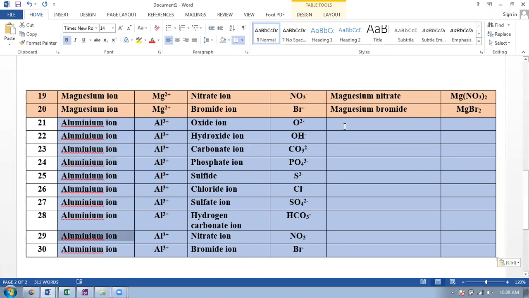So now I solve one for you, like aluminum carbonate. How aluminum carbonate? What would be Al? Then write CO3. So this tree is like this. Put carbonate ion into bracket.